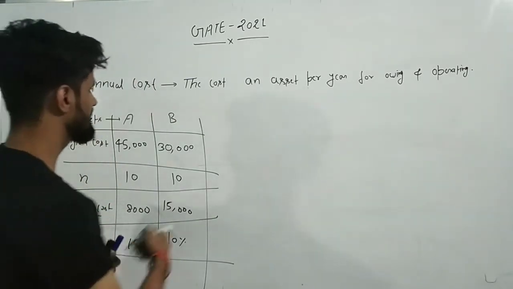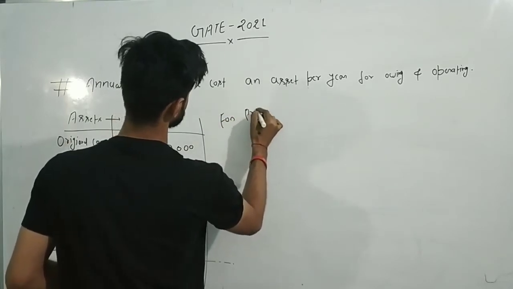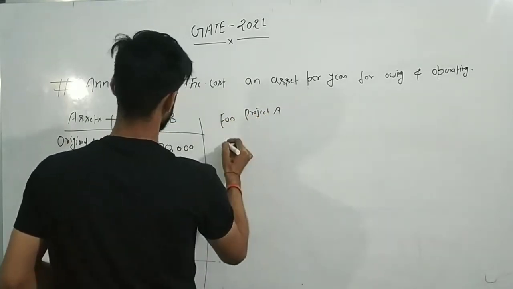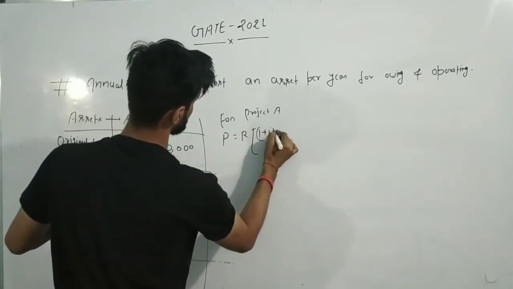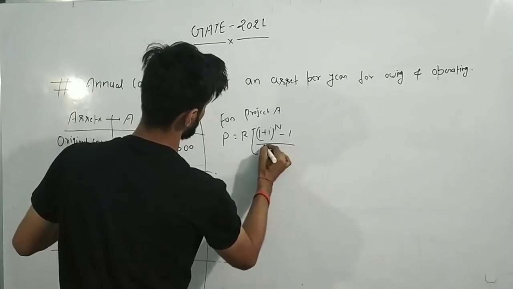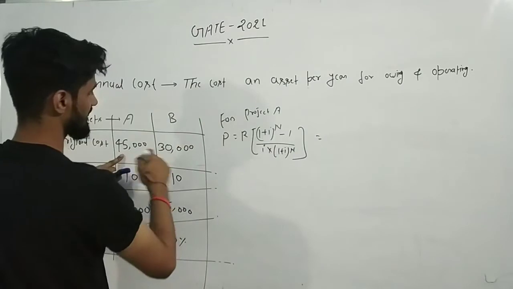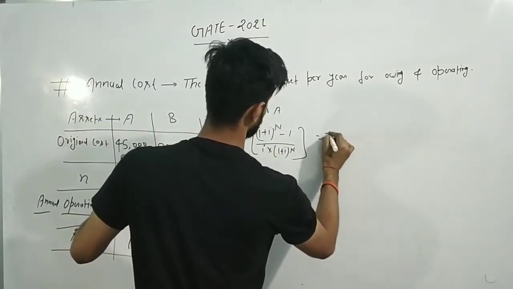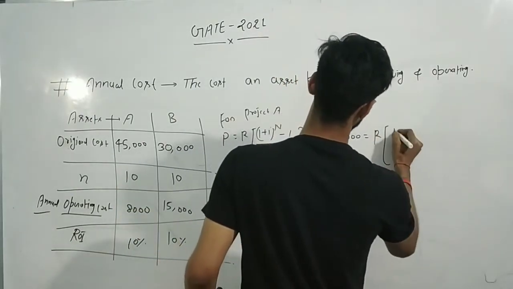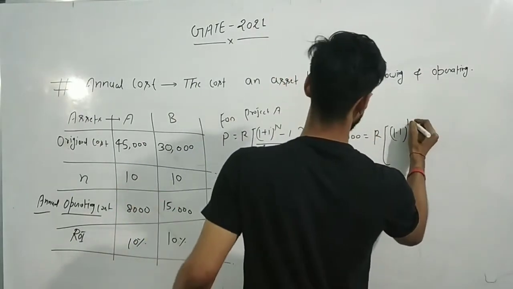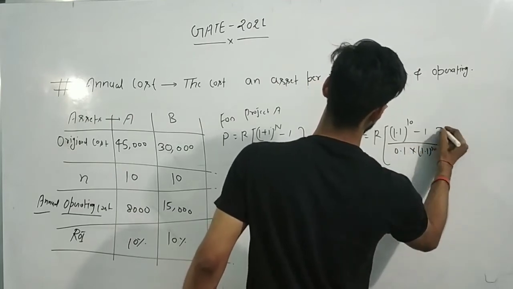Just understand, if you want to calculate for project A, you can write the formula P is equal to R times (1 plus i) whole power n minus 1 upon i into (1 plus i) whole power n. So here you can calculate R. So 45,000 is equal to R into (1.1) whole power 10 minus 1 upon 0.1 multiplied with (1.1) power 10.